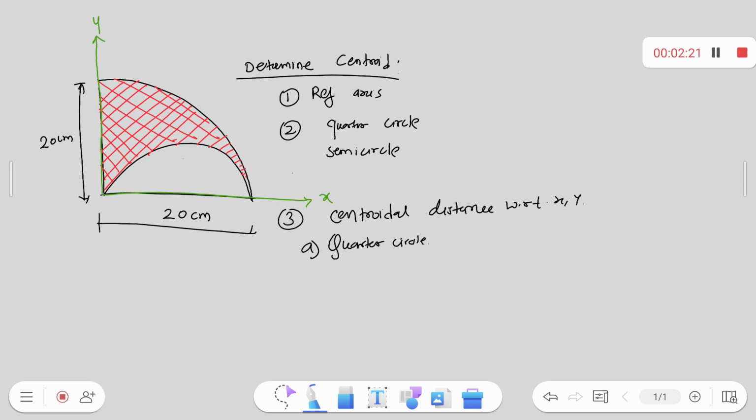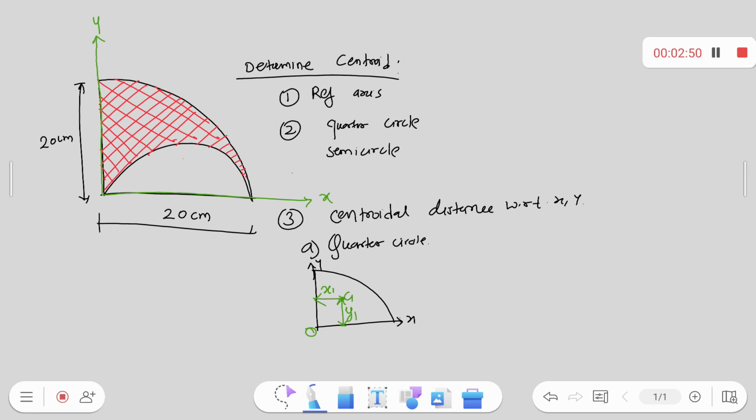If you get confused, please try to draw the sketch first. This is y, this is x. Mark one point, that is the centroid. The distance parallel to x from the origin is x1, and the distance parallel to y from the origin is y1.